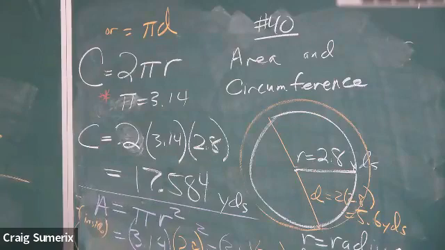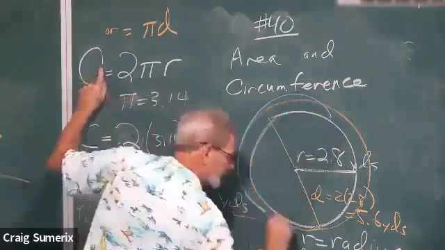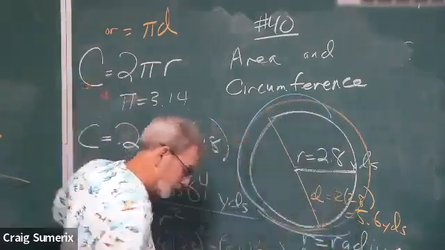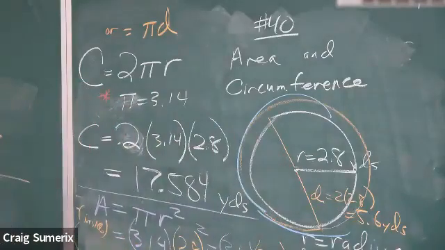Anybody got any suggestions? Somebody threw this at me a couple of years ago. They said, well, circumference is a big C. It's just kind of like going around the outside of the circle, isn't it? That came from a student.